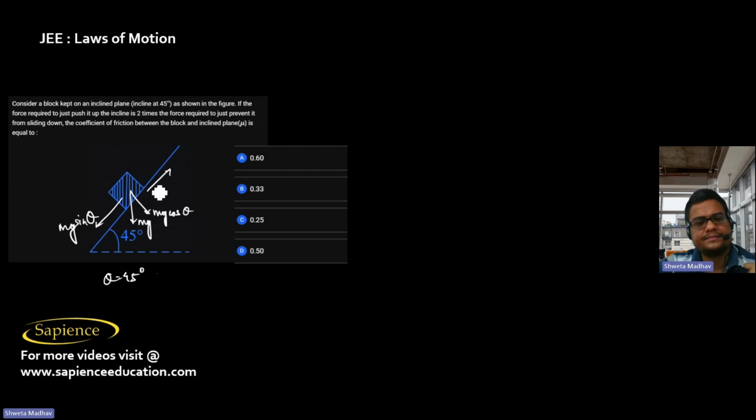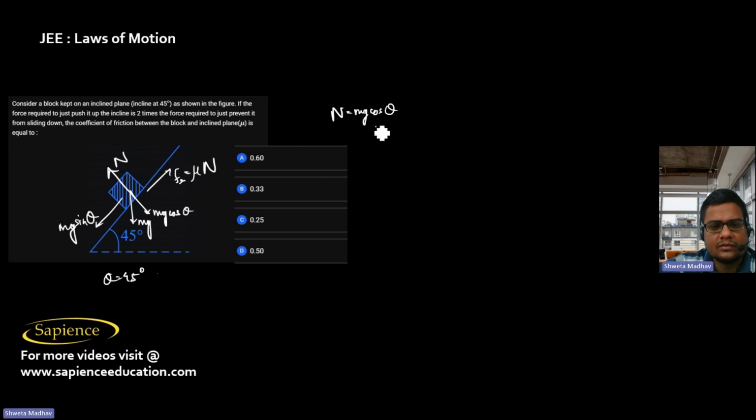Here frictional force is acting, which is equal to mu into n, and normal reaction is also acting, perpendicular to the inclined plane. So therefore n will be equal to mg cos theta, and frictional force will be equal to mu into mg cos theta.